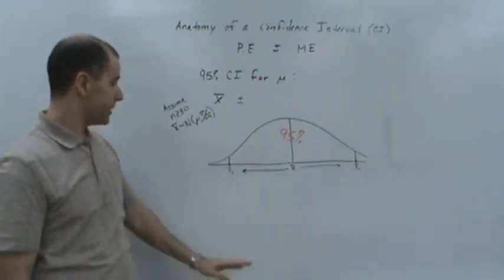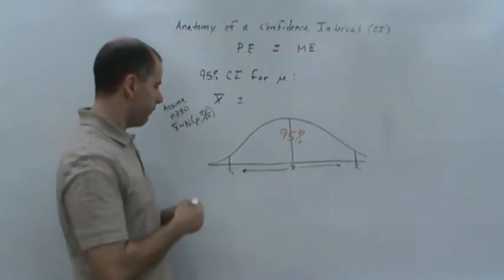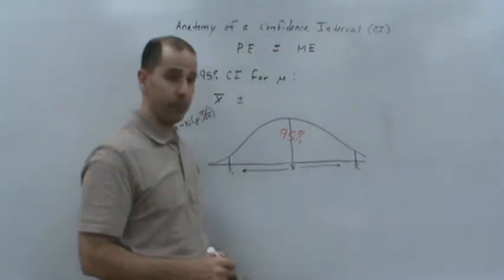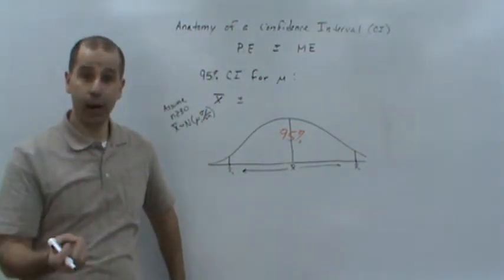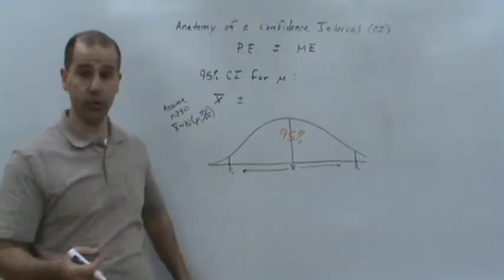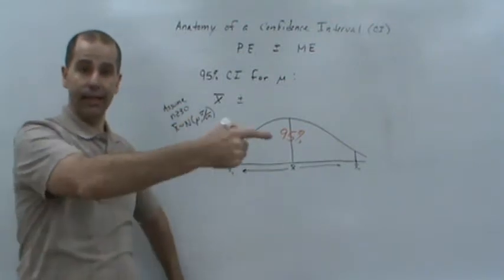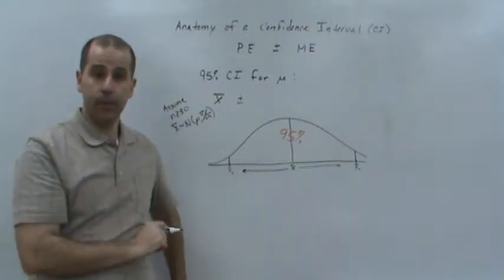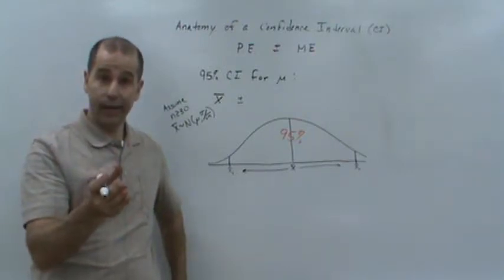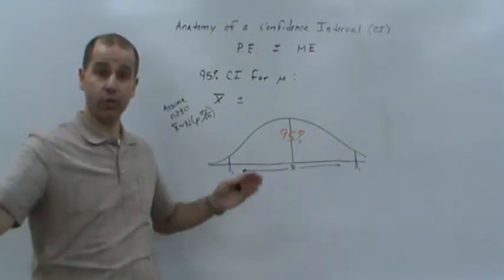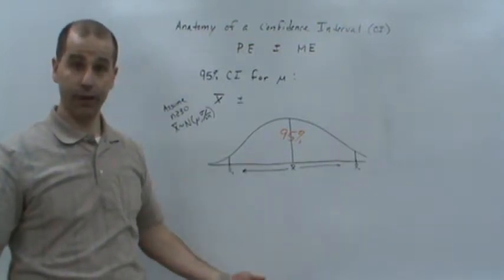So let's use the empirical rule, right? If I want to capture 95% of all of the possible values of X bar, and I know it has a normal distribution, how many standard deviations should I go out on either side of the mean? 2, right? The empirical rule says that within 2 standard deviations is approximately 95% of all of the values.